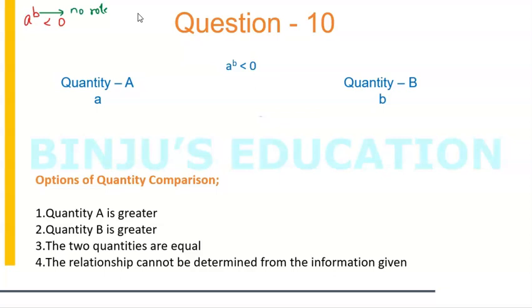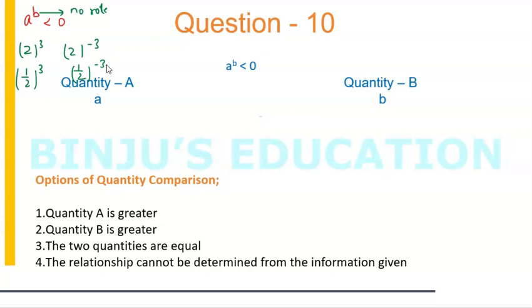For example, let's take 2 to the power 3, 2 to the power minus 3, half to the power 3, and half to the power minus 3. Let's take all of them just to understand that power actually plays no role in making an expression negative.